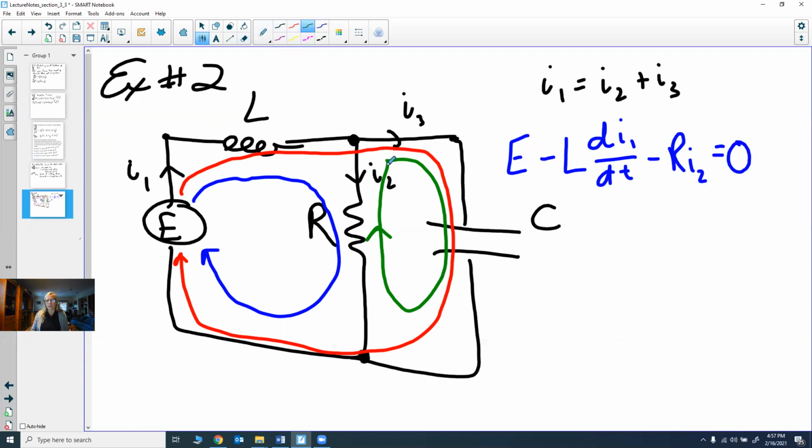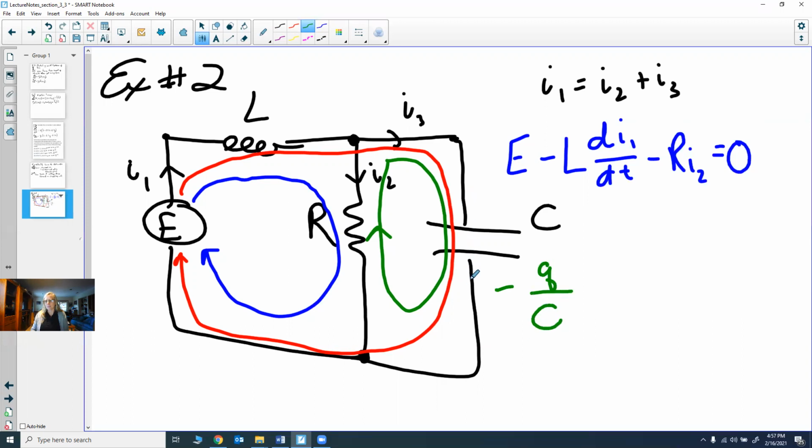Our other one here, and it doesn't really matter where you start. Let's say we start here. We're going to come along here, travel along this route, and come through this capacitor. When we come through that capacitor, the capacitor is storing charge. And so the voltage drop through a capacitor is your charge divided by your capacitance.